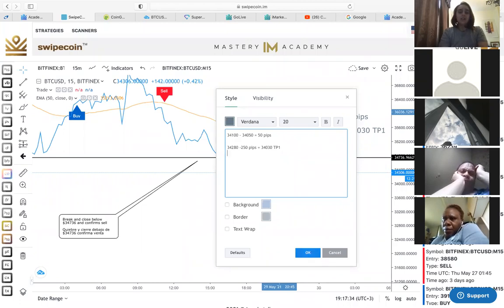And then let's go again. So remember, we're putting 3 trades on. So then the second one, 34,280 minus, right? Because we're going down, so we're selling. The second one we'll go for 500 pips. So where's our take profit going to be on that one, guys? Remember, same entry point.